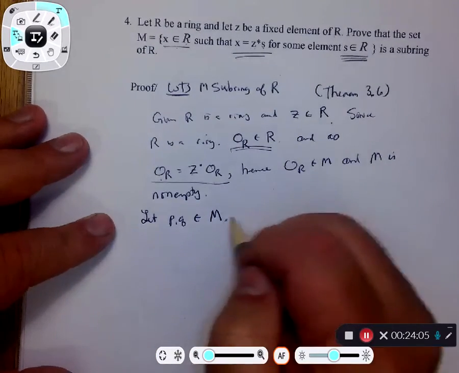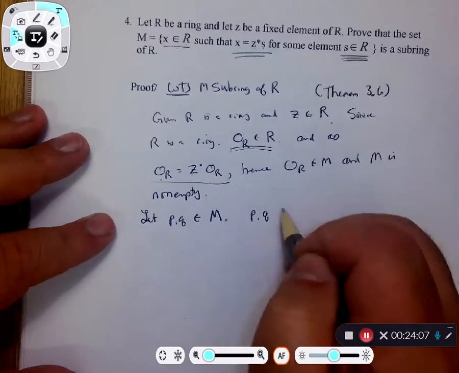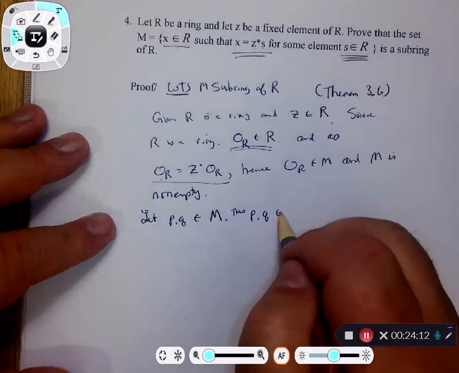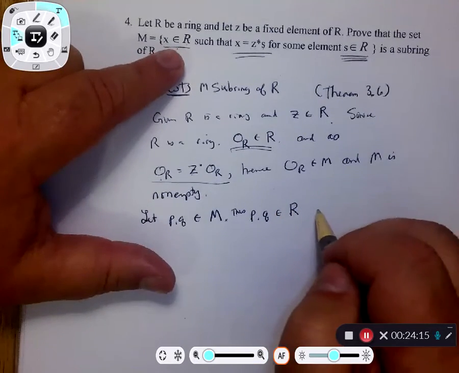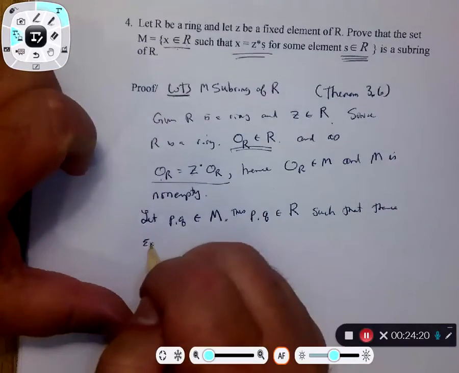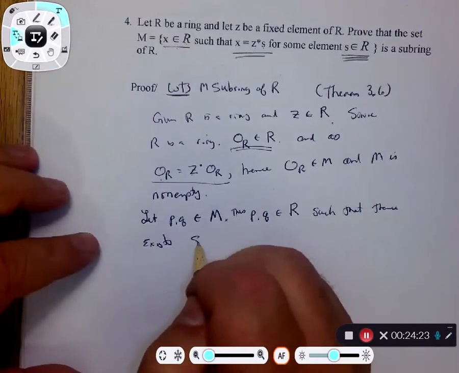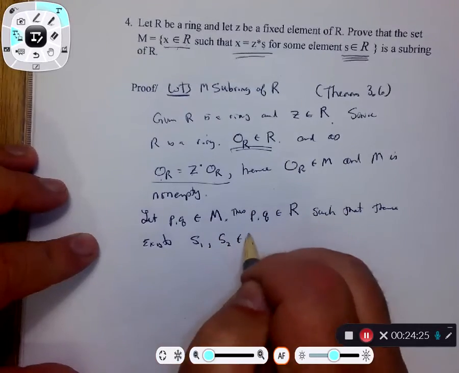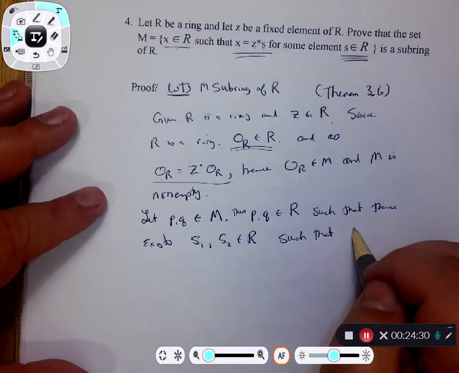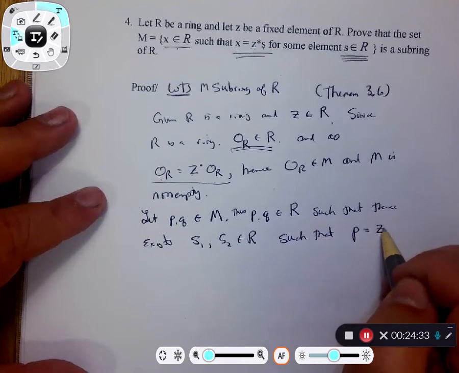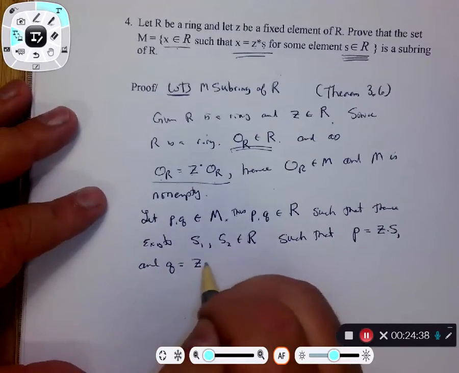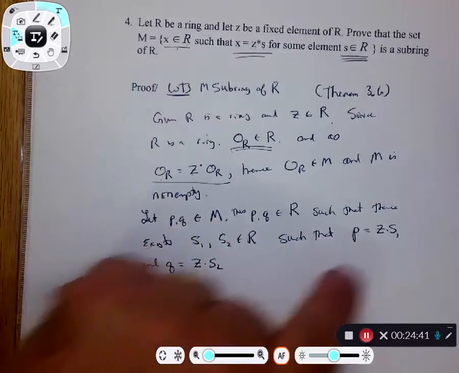Thus, P and Q are elements such that there exists an S1 and an S2, elements of R, such that I have equations in the proper format: P is equal to Z times S1, and Q is equal to Z times S2. So I've got my structure to this thing.